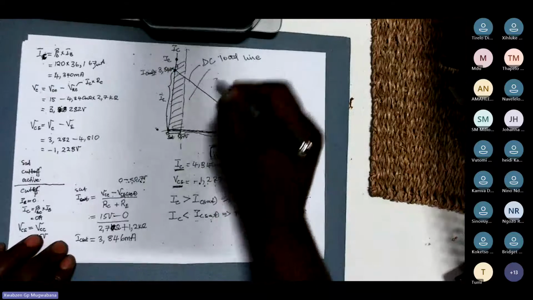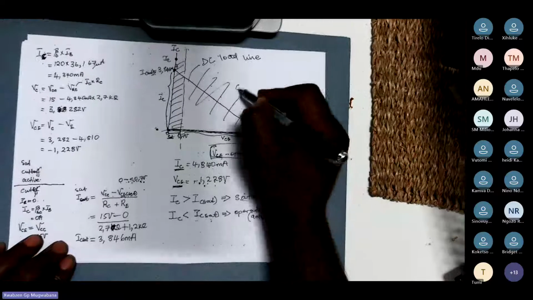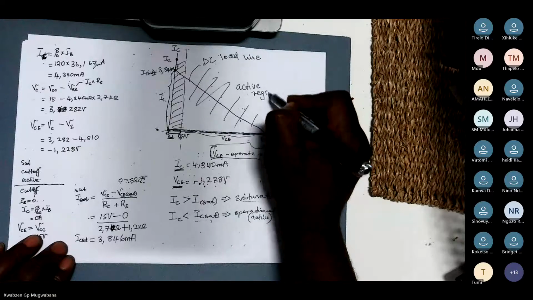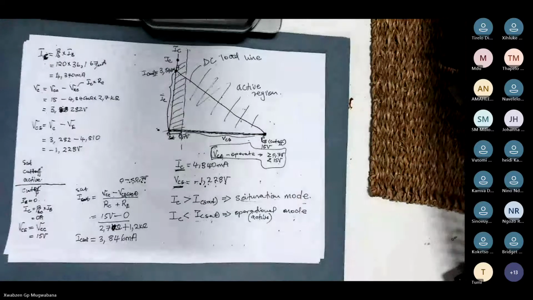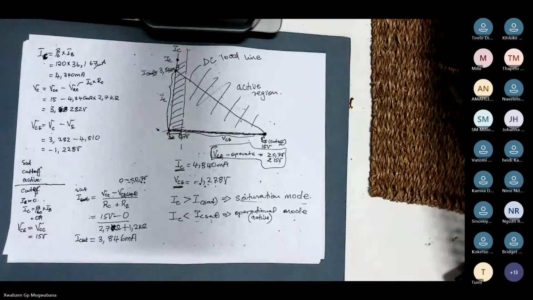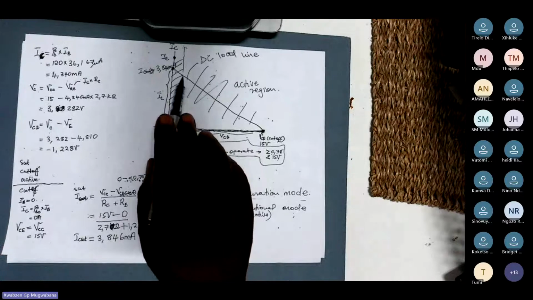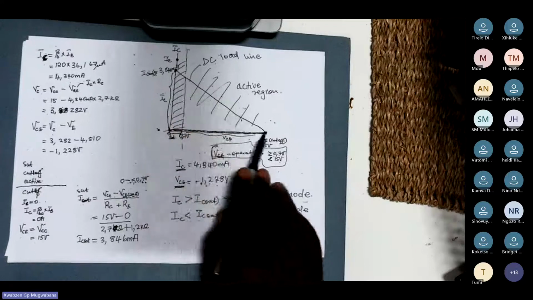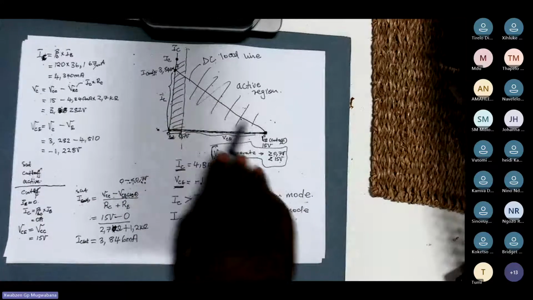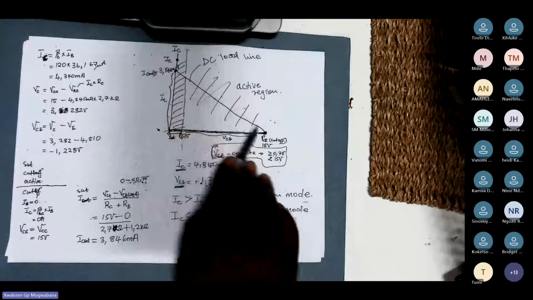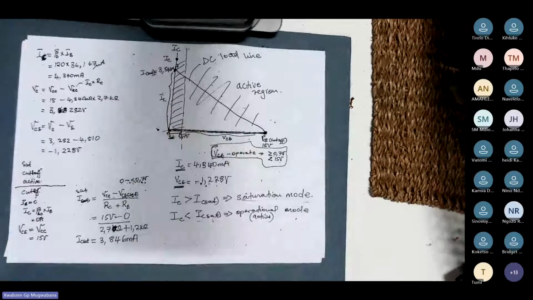This region here, we call an active region. As long as your current lies within these points here, can you see these points here, that is your active region.